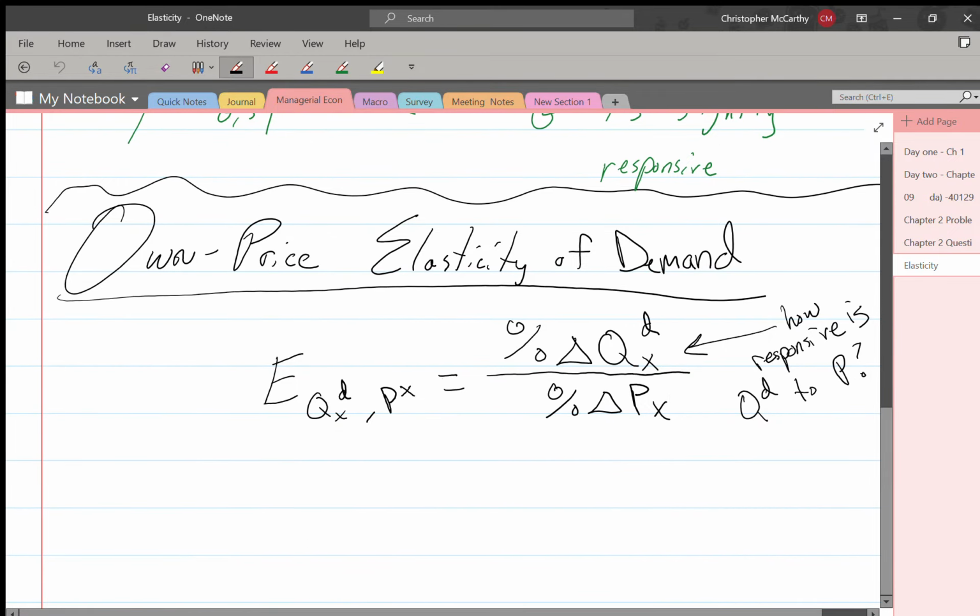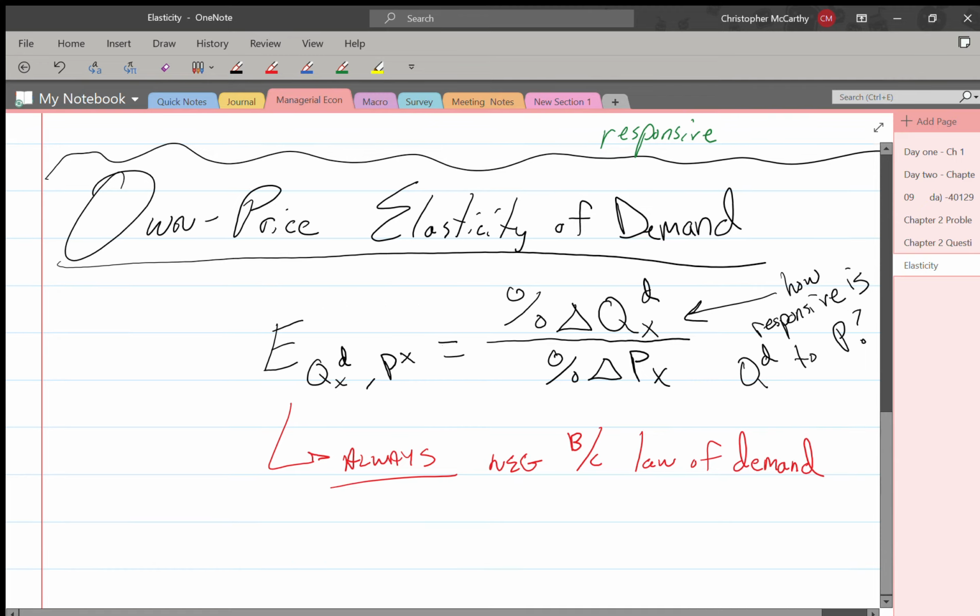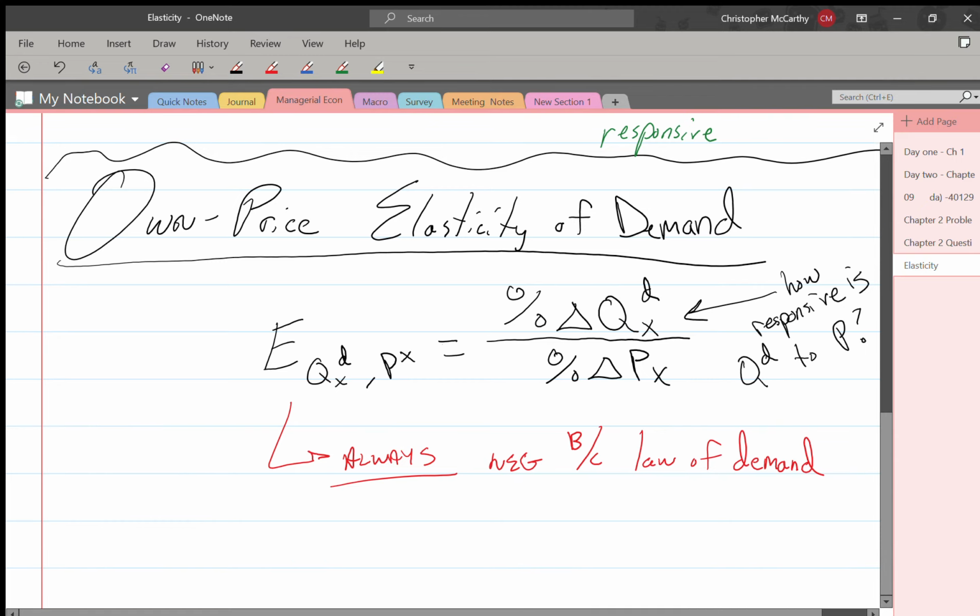And so this is always going to be negative because of the law of demand. That's why we just look at the absolute value of it. It's just easier.